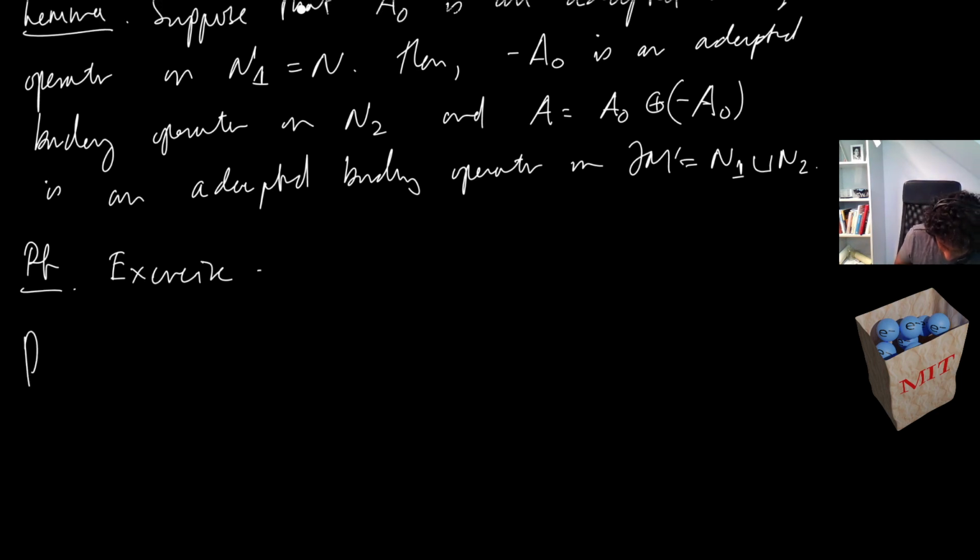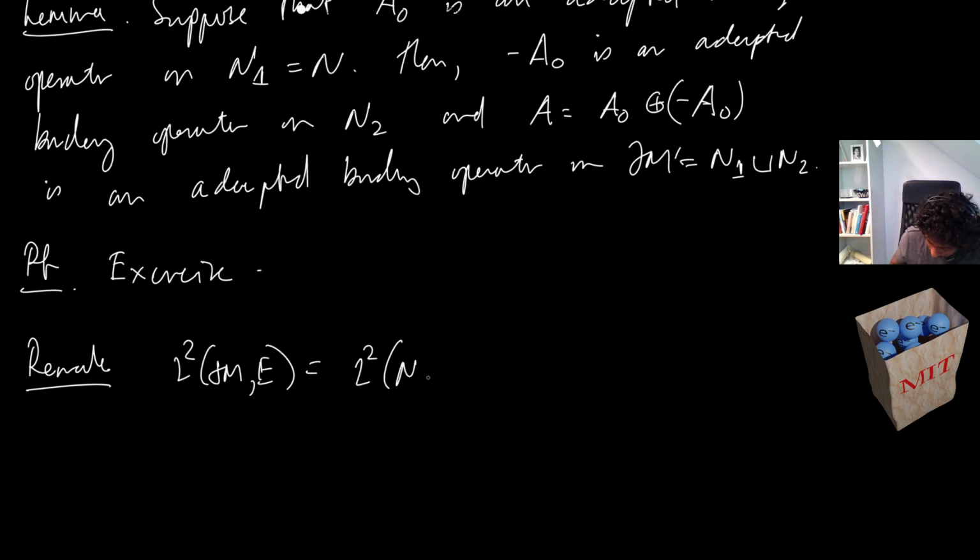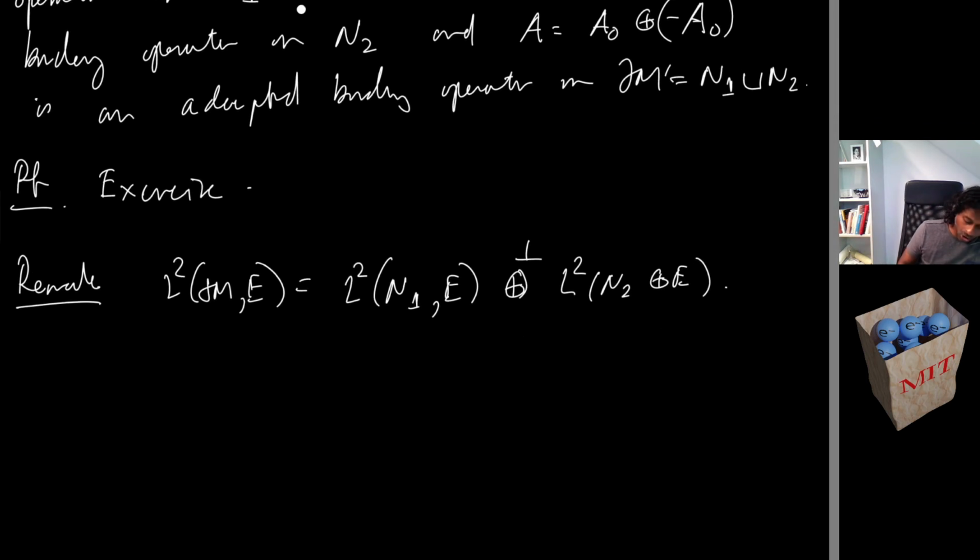I'll just make a quick remark though. L2 on the boundary is what? This is going to be L2 of N1. And of course, this is an orthogonal sum, right? It's an external sum, but it's an orthogonal sum of L2 on the boundary of the second copy.